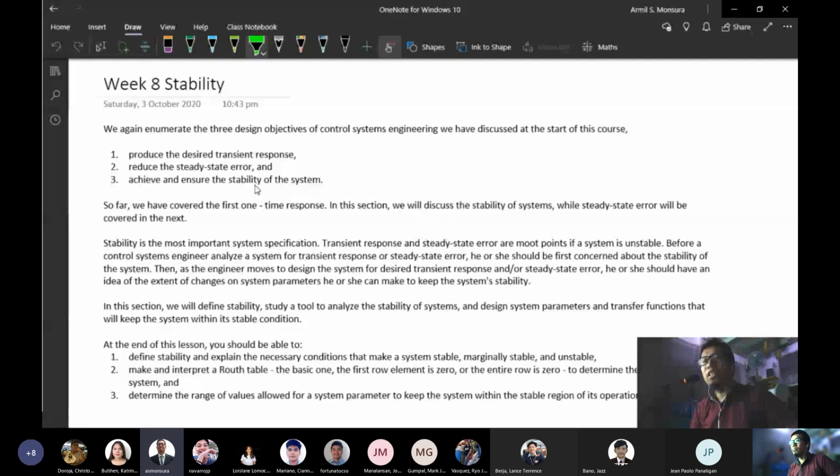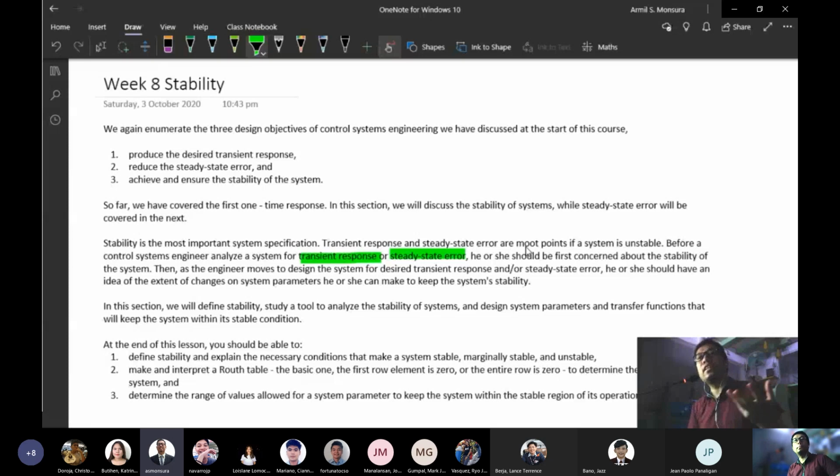Ibig sabihin, walang silbi yung efforts natin to design the transient response and the steady state error kung unstable naman yung system niyo. Before a control systems engineer analyzes a system for transient response and steady state error, he or she should first be concerned about the stability of the system. Basically, ang proseso talaga bago tayo makapag-analyze is we first ensure na stable yung system natin.